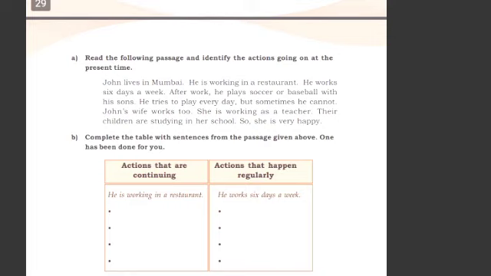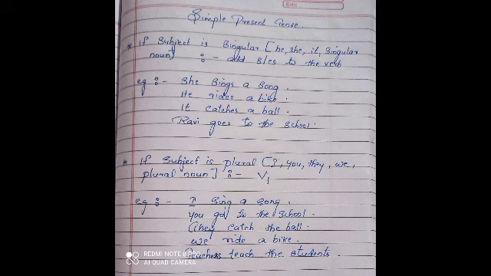Now we want to identify actions that happen regularly. Last class you already studied actions that happen regularly. Simple present tense, that is habitual action or your daily activities. Our daily activities or habitual action and universal truth, all these are expressed in simple present tense. Do you remember, children, the format of simple present tense?